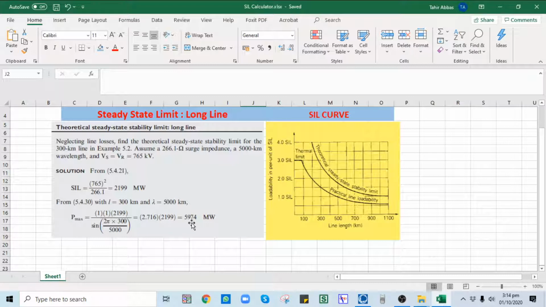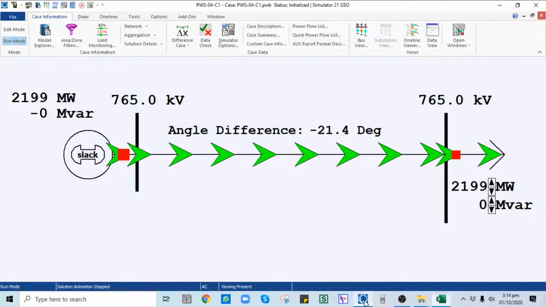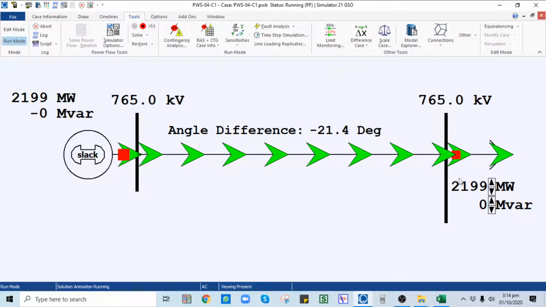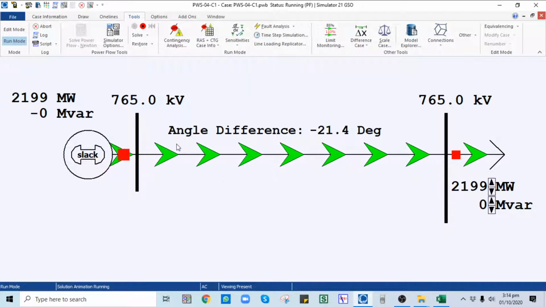So in order to see the view of steady state limit on a long line, because the theoretical steady state stability limit is more than the practical line loadability, and the gap between them is the thermal limit. So coming back to simulations, here you can see that at SIL, that is 2199 megawatt, when we solve this case, there is no megawatt losses.